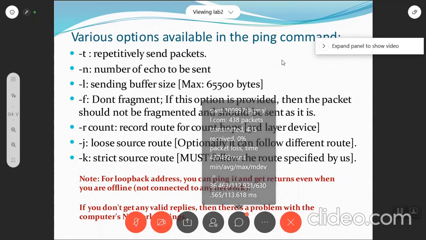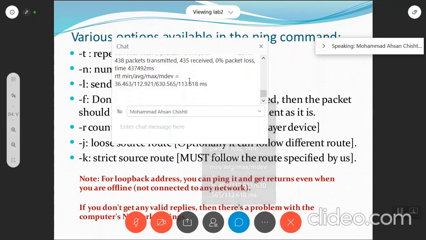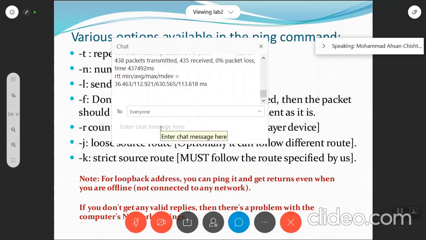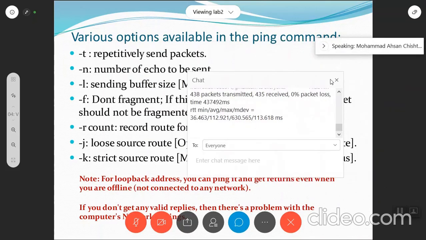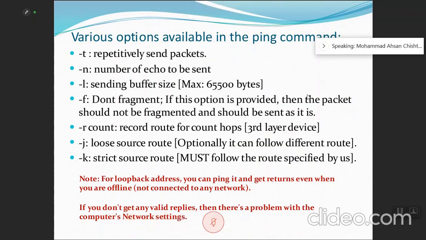Okay, Marian, request timed out, ping statistics 100% loss. When you ping this, you are getting request timed out. That is what I meant, that some servers won't let you reply back. Your statistics show sent equal to 4, received equal to 0, lost equal to 4, so 100% loss.